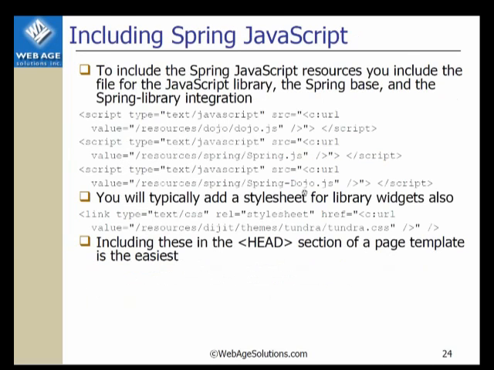Now the question is, how do you include Spring JavaScript on individual pages? You'd have these lines of script code on any page that you wanted to include it. The big thing here is notice that the value starts with /resources.